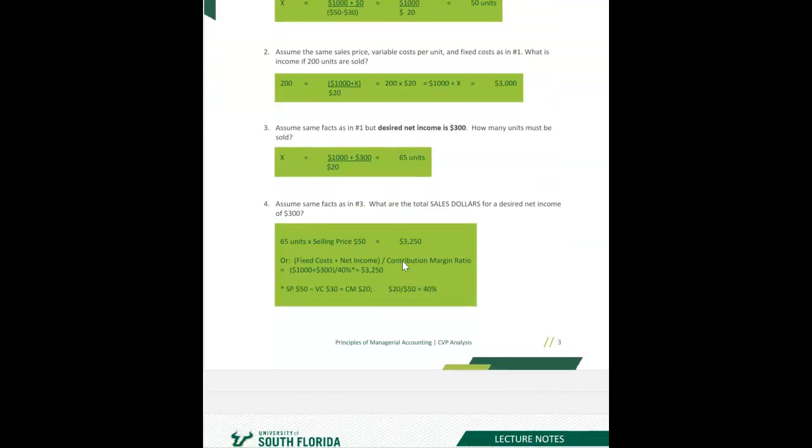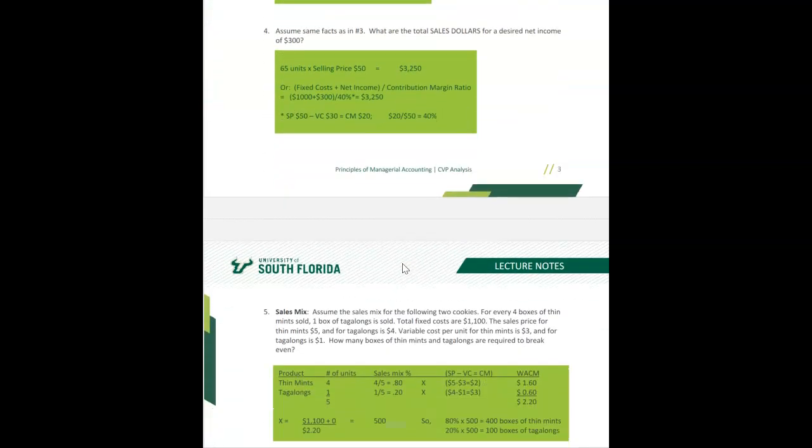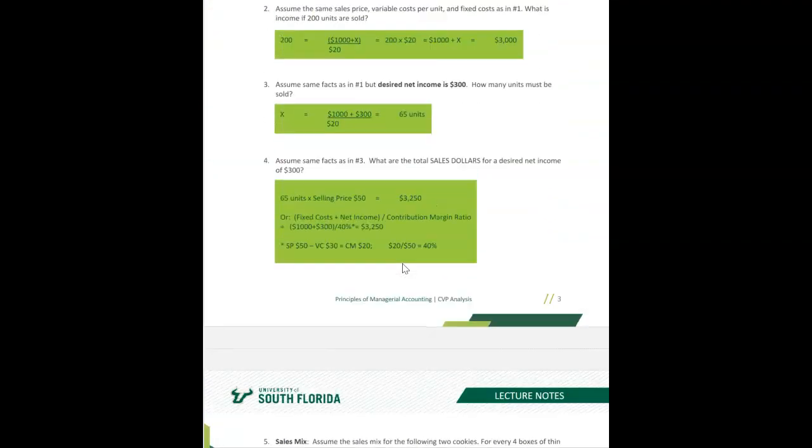The last one that's here, I'm not going to do sales mix now. The last one is: what are the total sales dollars for desired net income of 300? Same as in number 3, we've got 65 units and a selling price of 50, which gives us sales dollars of $3,250.